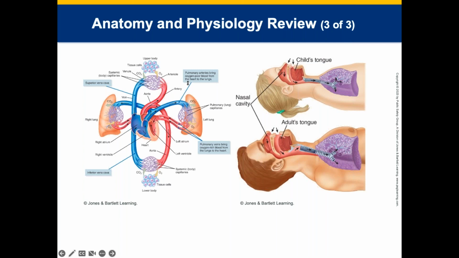So we're going to have a more narrow trachea, and the cartilaginous rings that go around it are not fully developed on a child, especially younger children. Okay. Because of that, hyperextension or hyperflexion of the neck can cause that airway to pinch off, especially in infants. Infants are the worst. That's why we always pad underneath the shoulders. Okay.